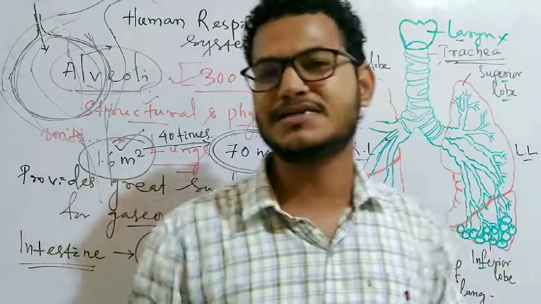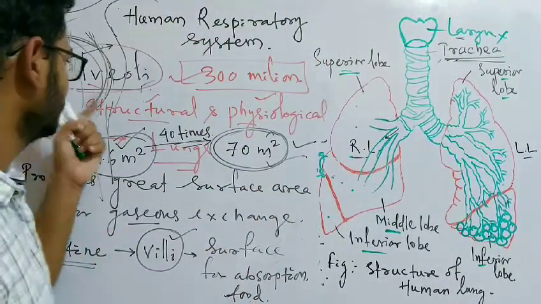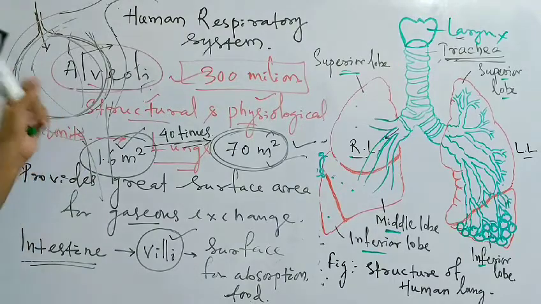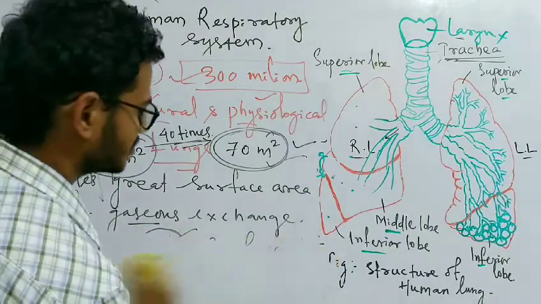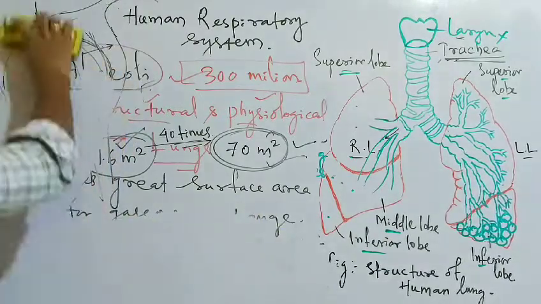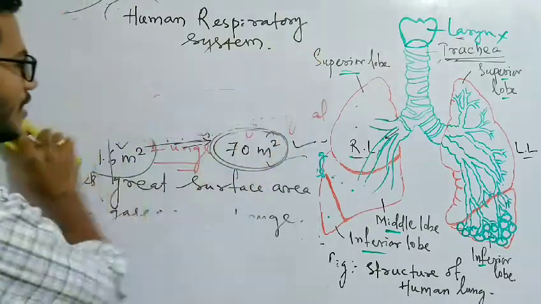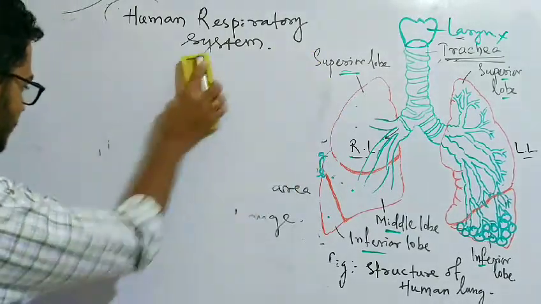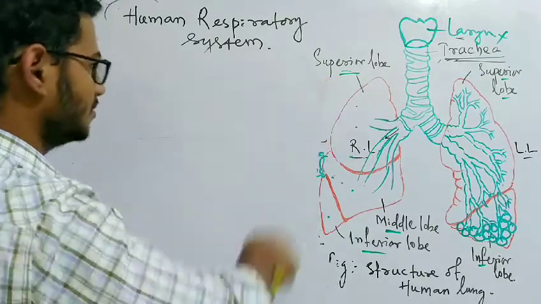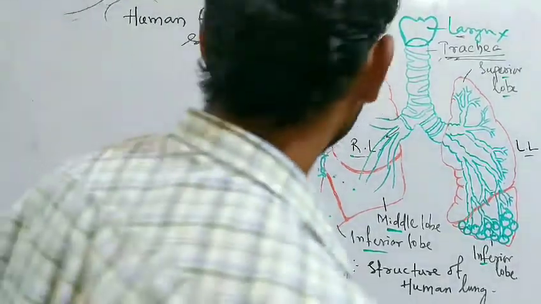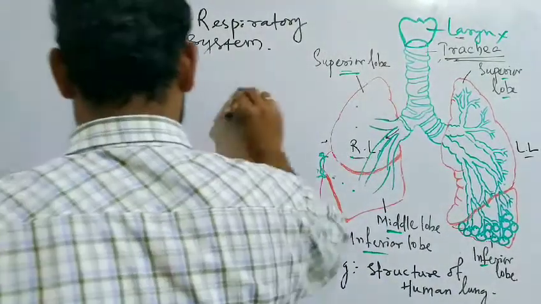Now we will discuss the alveolar wall and the blood capillary wall, and how the gases diffuse through them. What are the properties of these walls, and how do they play an important role in the diffusion of gases like carbon dioxide and oxygen?